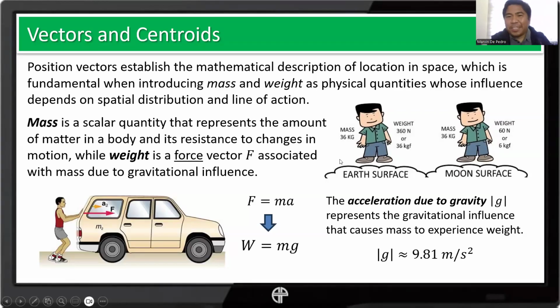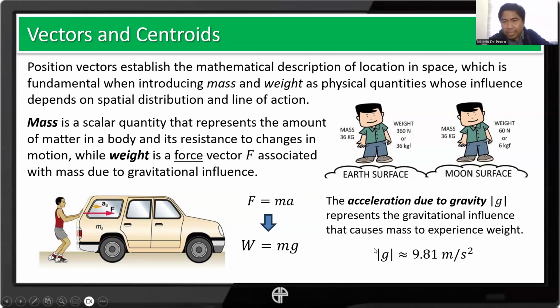Again, as I was saying, if you have a mass of 36 kilograms, then your weight on Earth is around 360 Newton. But if you go to space, especially on the moon, your mass is still 36 kilograms, but your weight is now 60 newtons. Why?